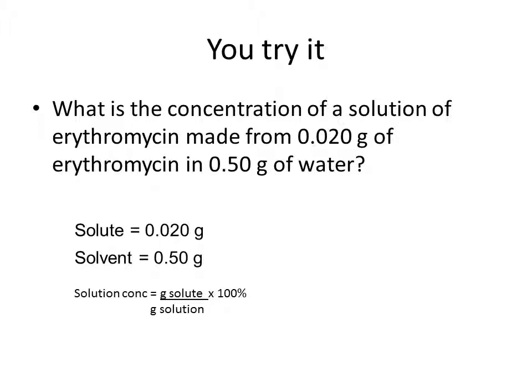You have to add the solvent, and you get 0.52 grams for the grams of solution. You multiply this out, and your answer is 3.8% weight for weight. Notice you're going to follow with weight for weight because you're using grams in the numerator for the solute and grams in the denominator for the solution.